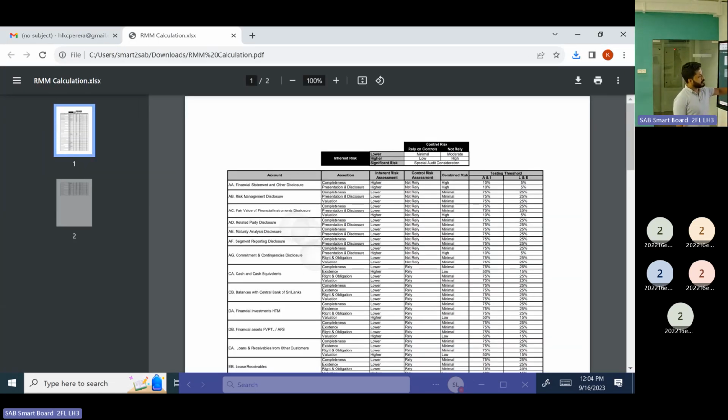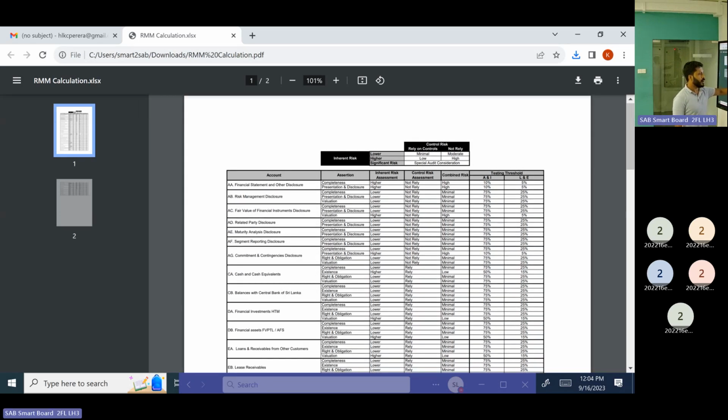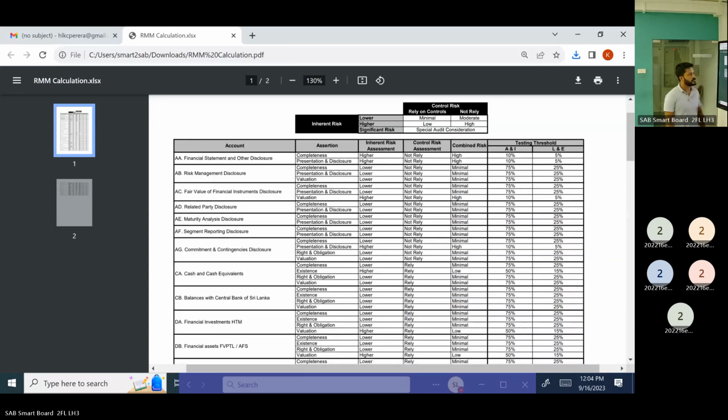Can you see this? Yes, sir, we can. So you all can see a real risk assessment. It was done by myself for audit.